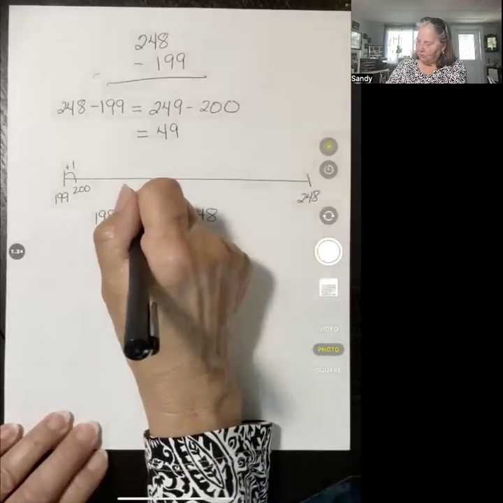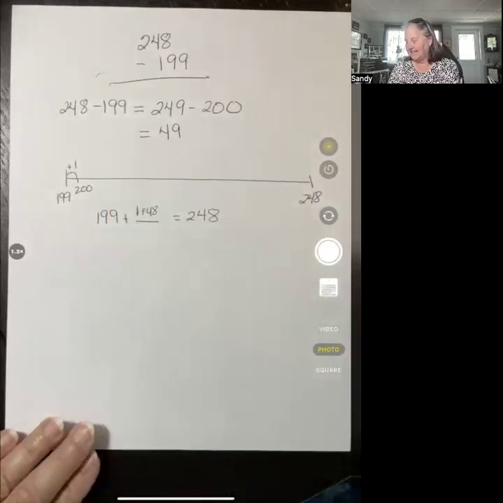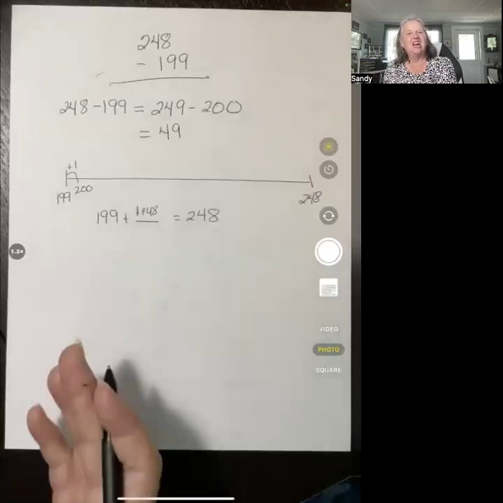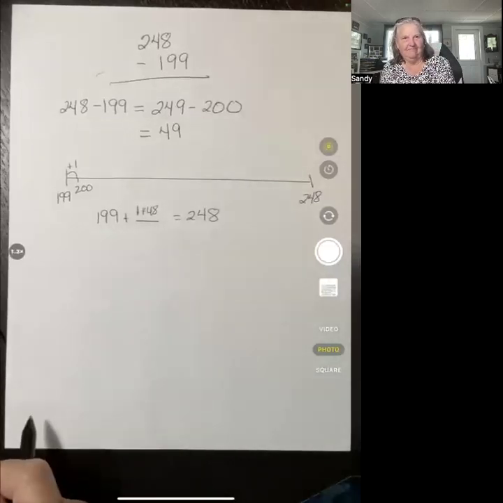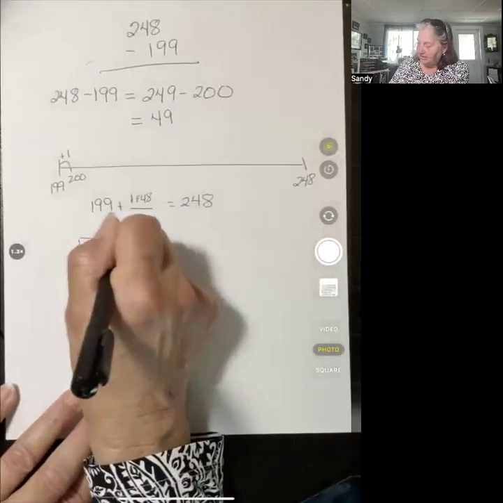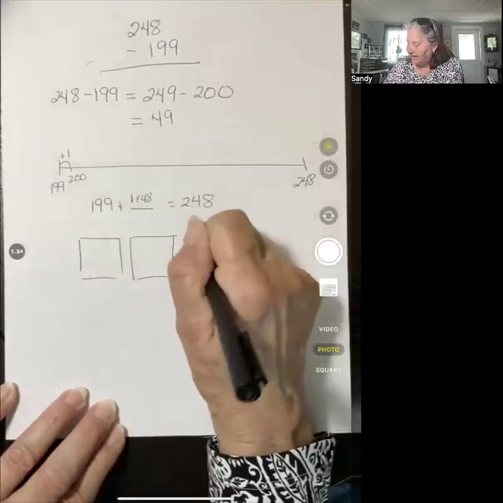That 1 and the 48 would go into that blank, that missing addend, still end up with 49. So that's another way of dealing with it. We showed another one where I had two hundreds, 48.